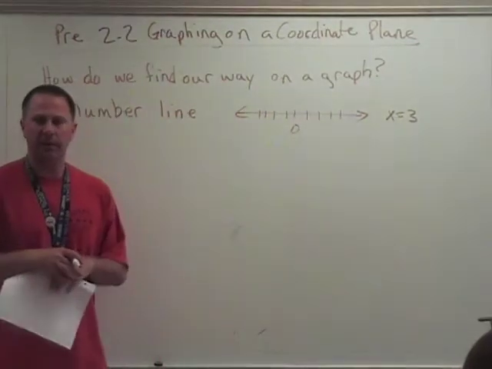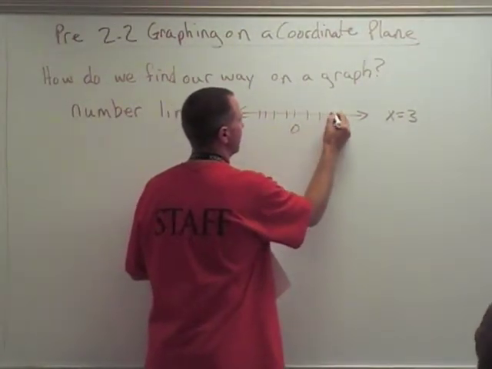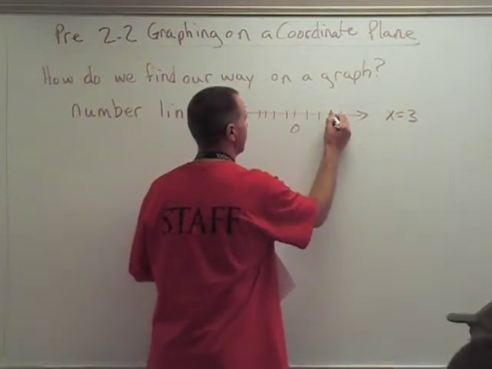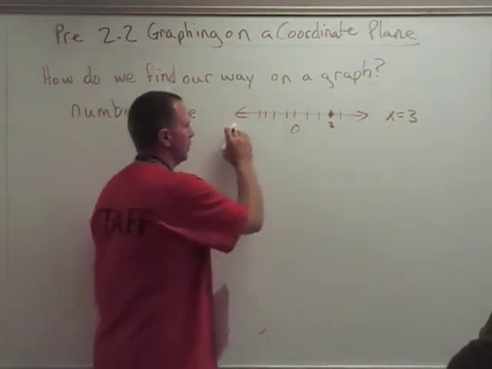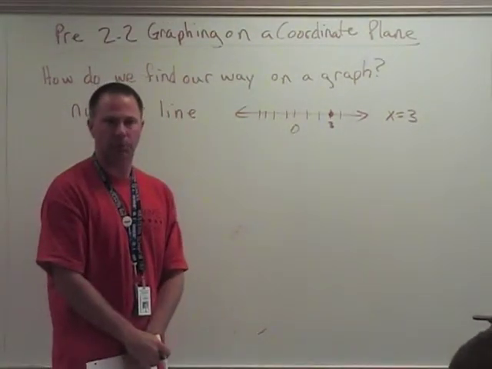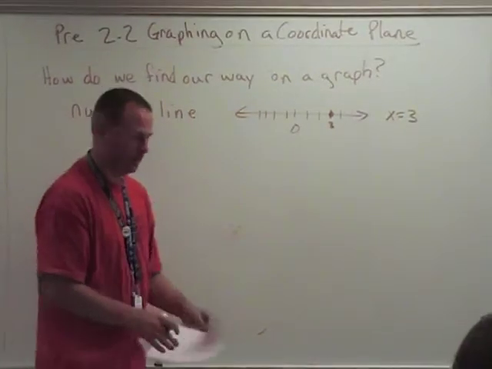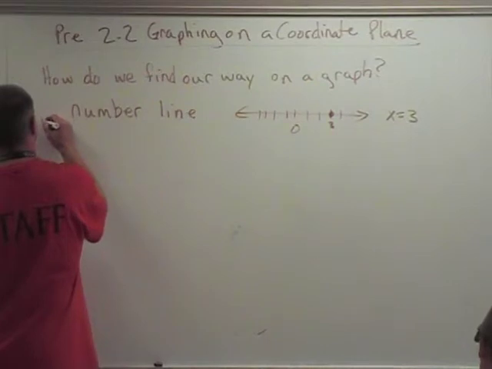Graph that on a number line. That was the first thing you guys learned. You went from 0 and to the right you went to 3. And then you graphed it. Okay? So this horizontal line is what we call our x-axis when we're talking about the coordinate plane. Alright?